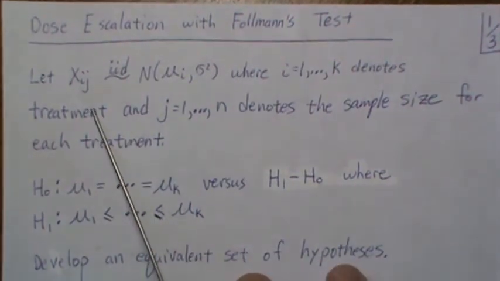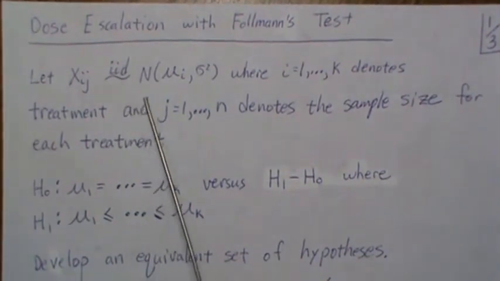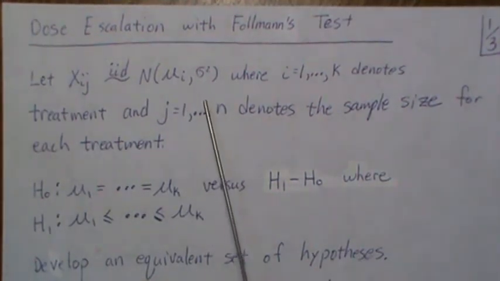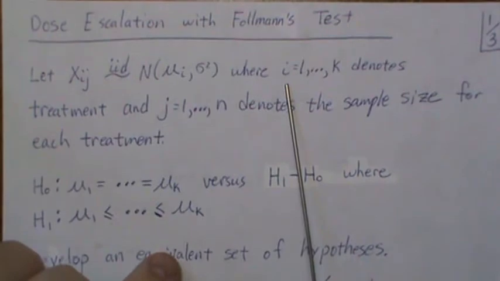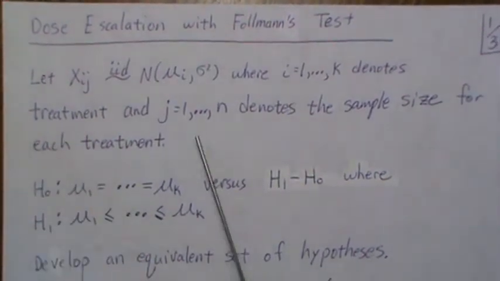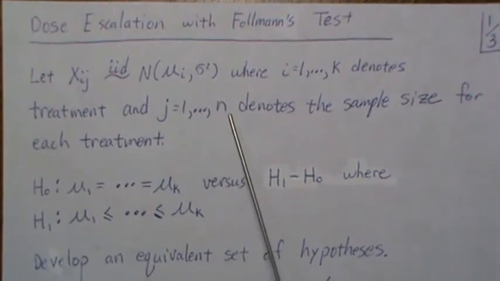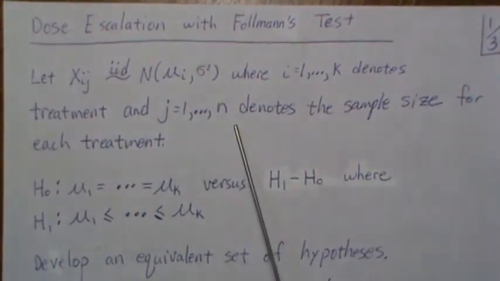Let X_ij be independent, identically distributed, normal, mu_i, common variance sigma squared, where i denotes the treatment and j denotes the sample size within each treatment. So there are k treatments and the sample size is 1 to n.